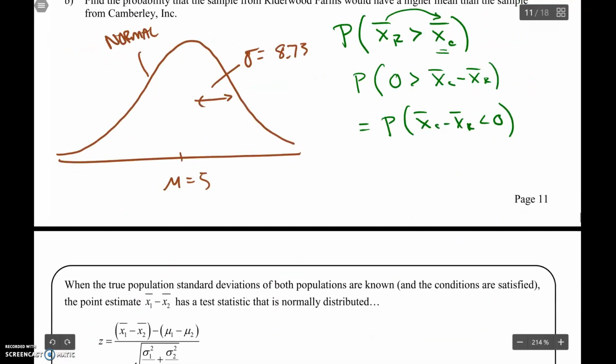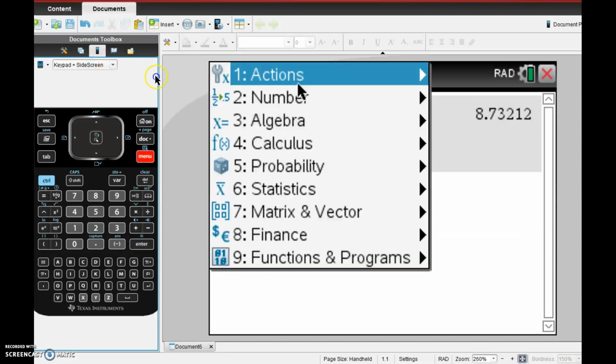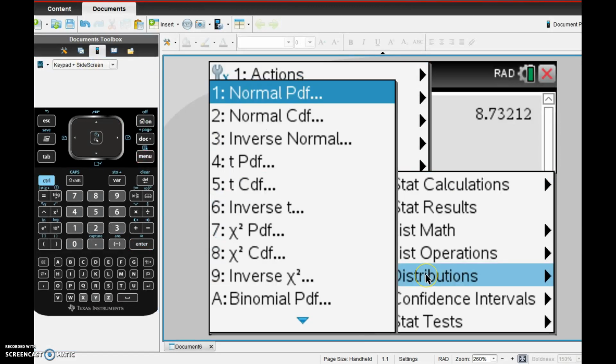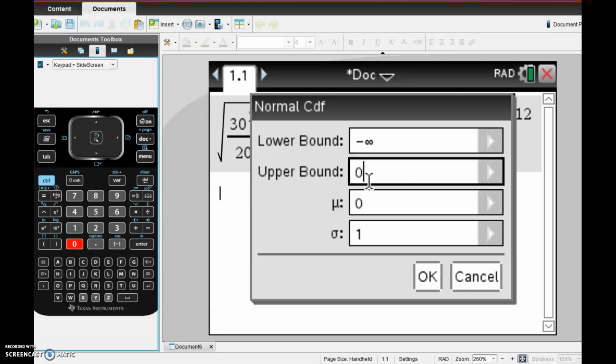I want to find the probability that the difference is less than 0. So 8.7 puts me about right there. So this would be about a -0.6 z-score, right around there, 0 or less. Normal CDF. Menu, statistics, distributions, normal CDF, lower bound negative infinity to upper bound 0.